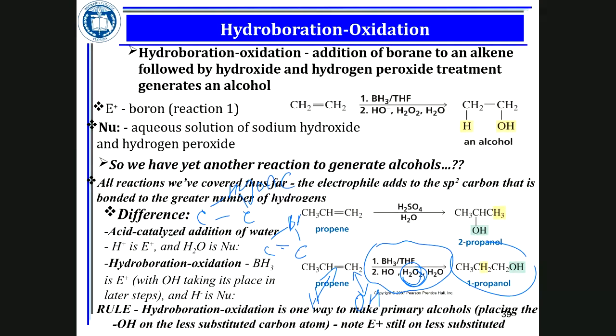So BH3 or borane is acting as your nucleophile, then hydroxide is acting as the... carbocation, it could rearrange. Okay, if the carbocation is restricted, it cannot rearrange.